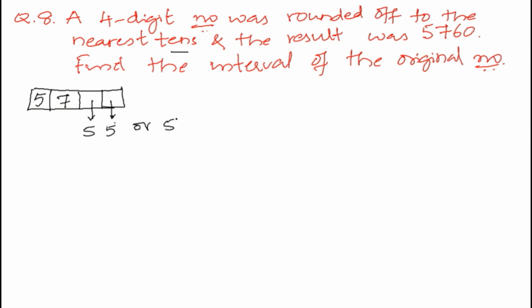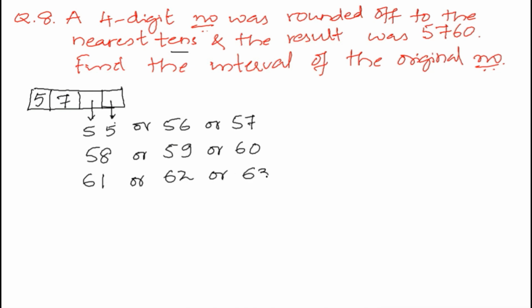Or it could be 56, or 57, 58, or 59, or 60, or 61, or 62, or 63, or 64. These are the possibilities. I should take only till 5764. I should not take 65.